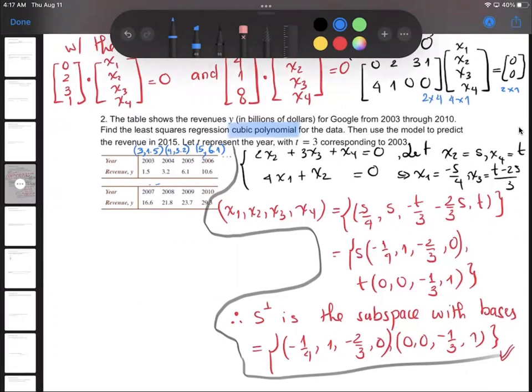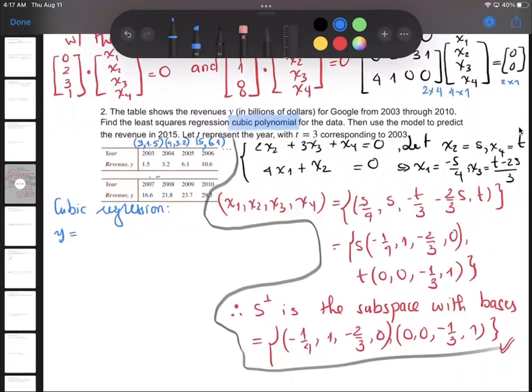I don't want to write them all down. So the quadratic regression is, oh, not quadratic, it's cubic. It's a cubic regression. The regression equation is y equals c0 plus c1x plus c2x squared plus c3x cubed.